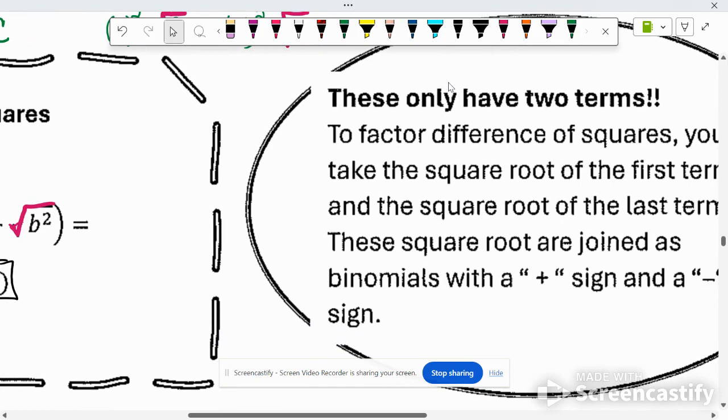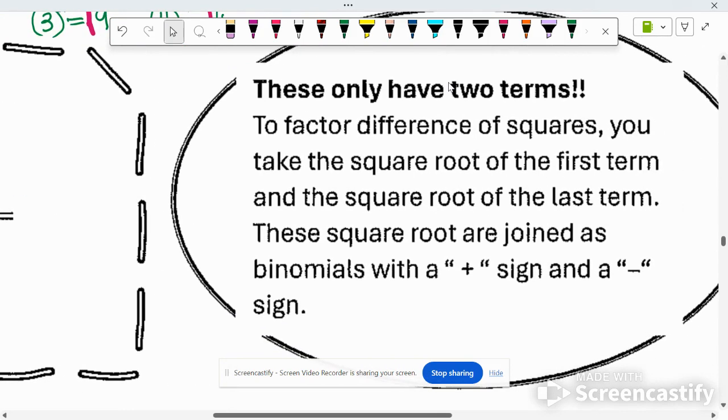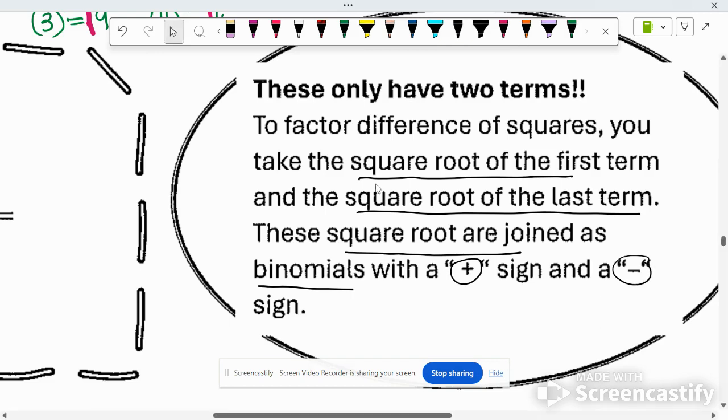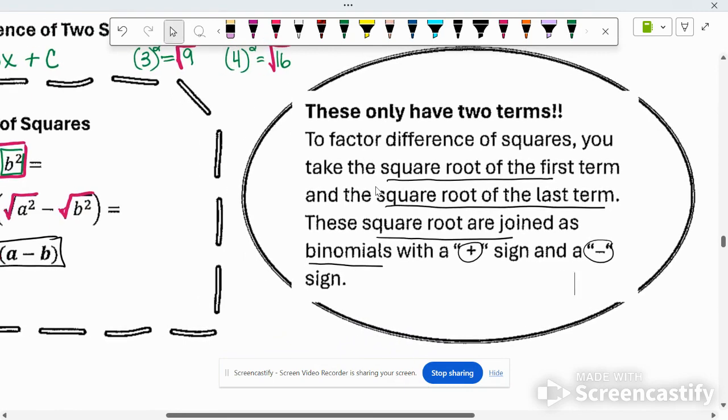They only have two terms. Both of the terms are perfect squares. You take the square root of the first term and the square root of the last term. These square roots are joined as binomials with a plus sign and a minus sign. And that's it. These are probably the easiest things to factor.